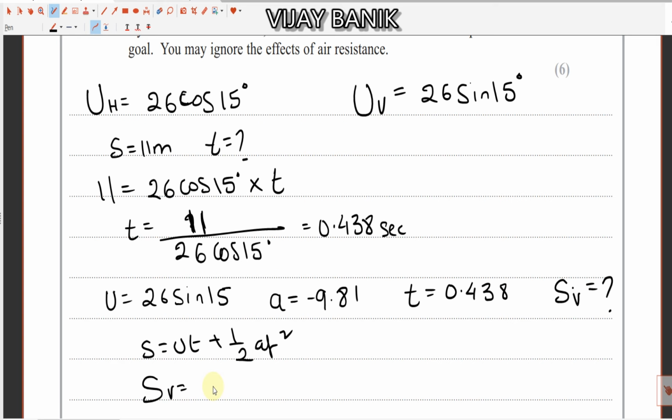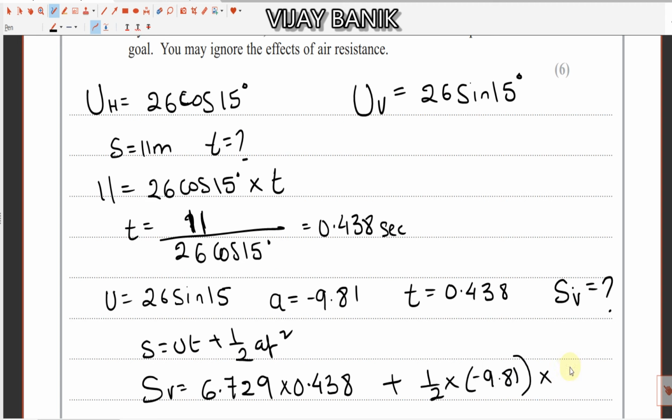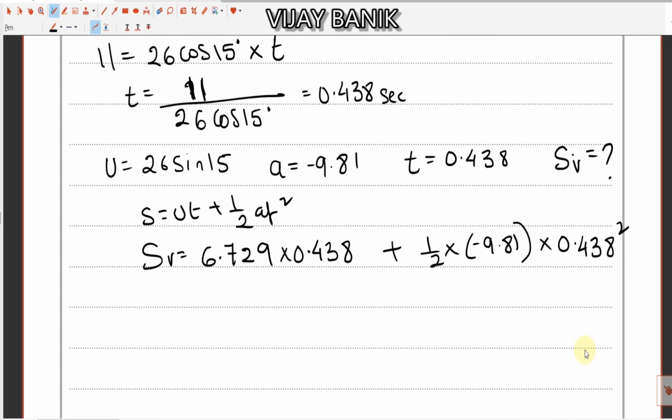Let me do that in the calculator. 26 sine 15 is going to be 6.729. I'm taking more numbers over here. So 6.729 into 0.438 plus half a, which is minus 9.81, into t square, that is 0.438 whole square. Let us do it slowly. 6.729 into 0.438 is 2.9473.